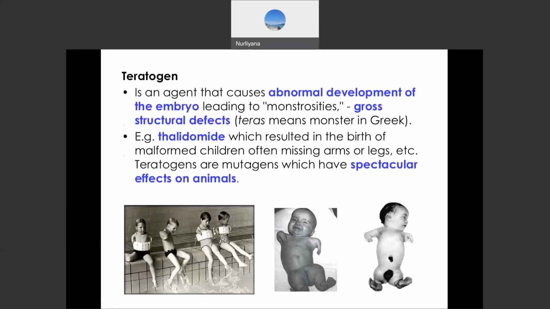Another agent is a teratogen. An example of a teratogen is thalidomide. Thalidomide was very popular a long time ago, and if I'm not mistaken, it was given as a kind of supplement for humans.